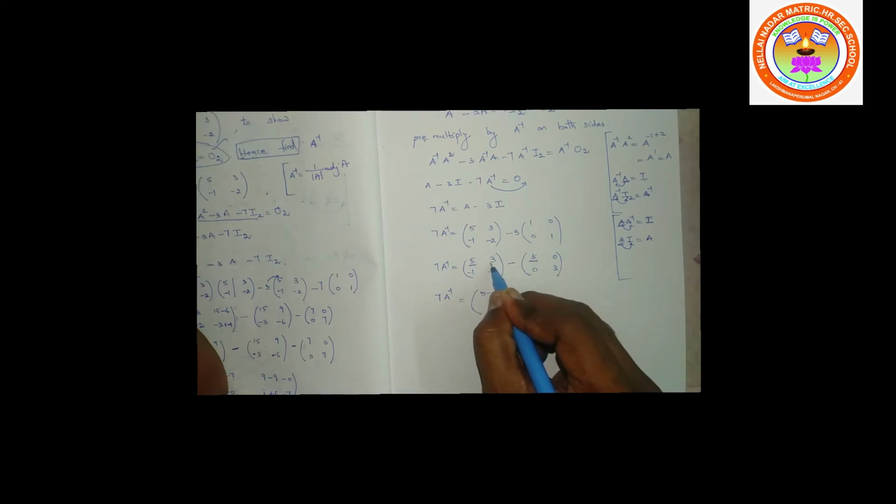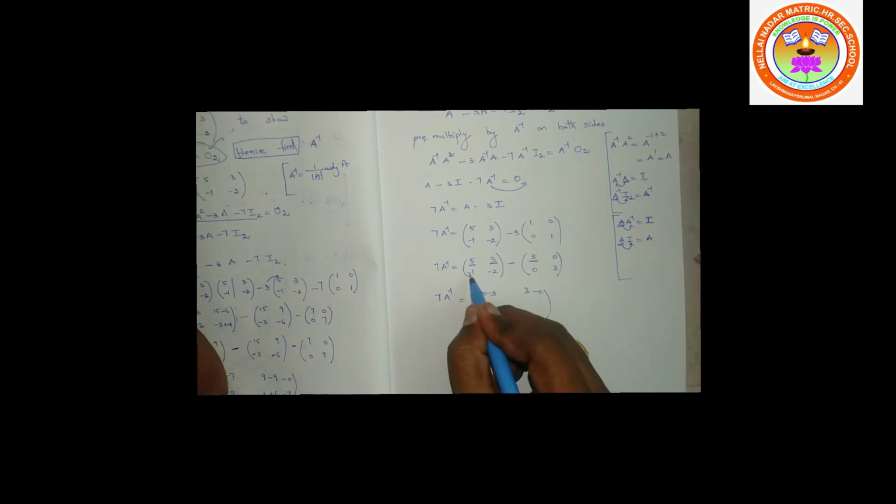Now this element, 3 minus 0, next this element, minus 1 minus 0, next this element, minus 2, this becomes minus 3.